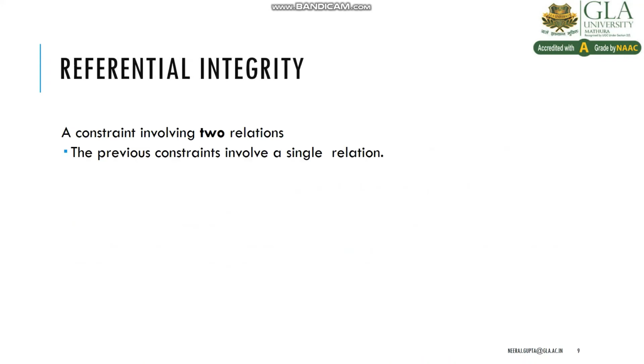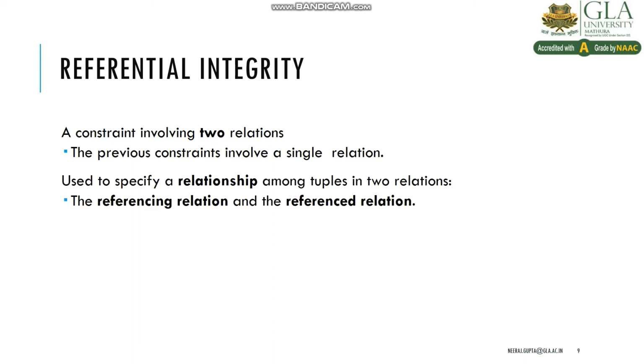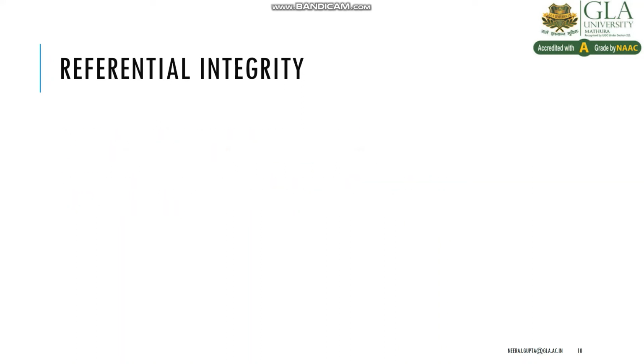Referential integrity is a constraint involving two or more relations, and the previous two constraints involve only a single relation. In referential integrity, a relationship is used among the tuples in two relations. One is called the referencing relation, and the other is called the referenced relation.